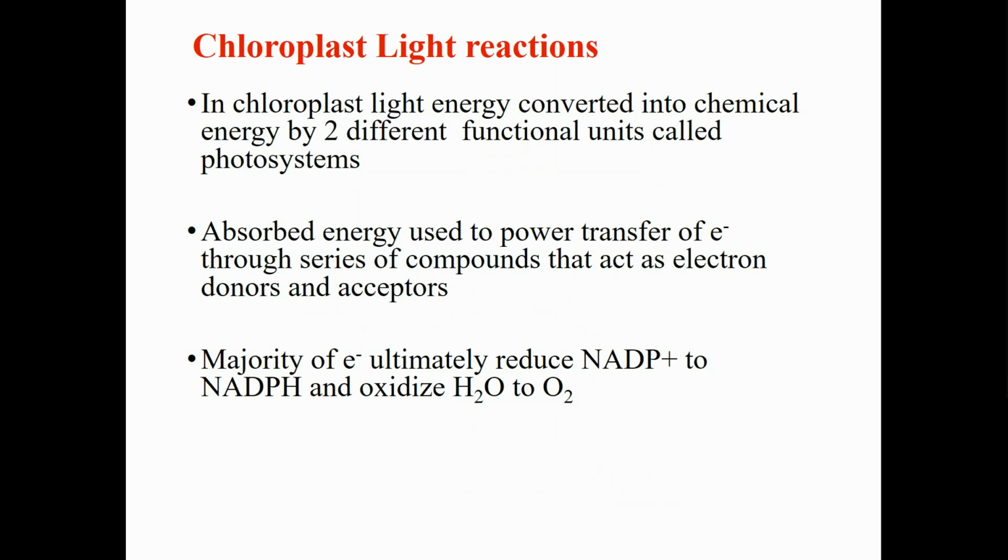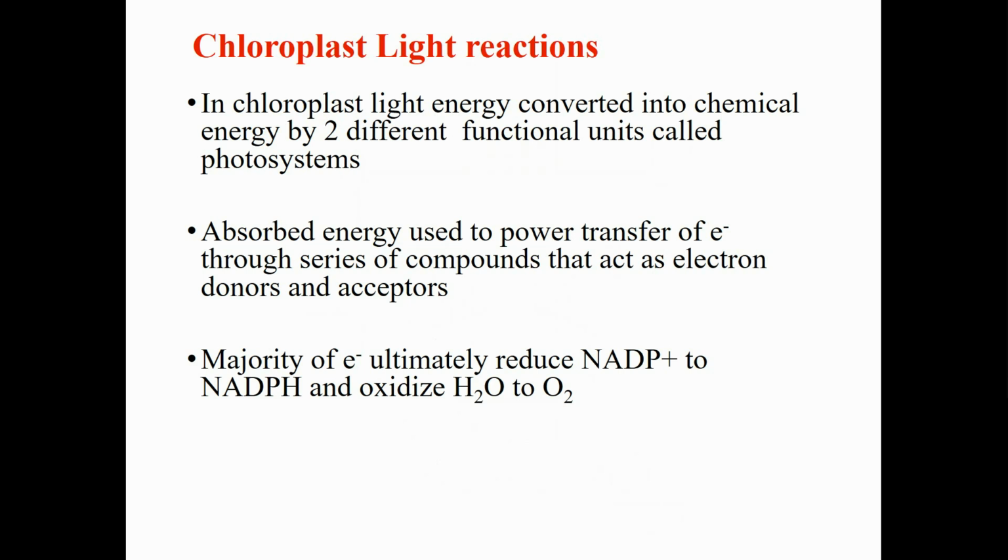The first system is photosystem 2 and then photosystem 1. So I know that that sounds confusing, but step number 1 is photosystem 2, and then we move on to photosystem 1. The reason why photosystem 1 is named photosystem 1, even though it happens second, is because it was the first one identified. It was the first one discovered. So we've got photosystem 2, then photosystem 1.